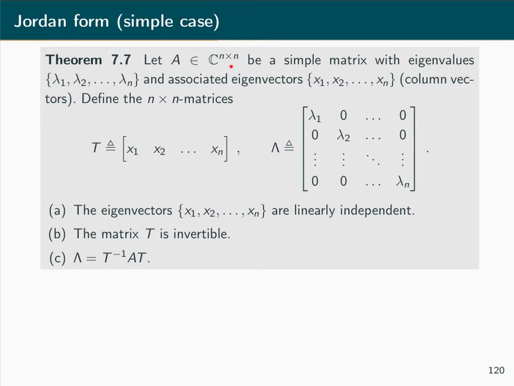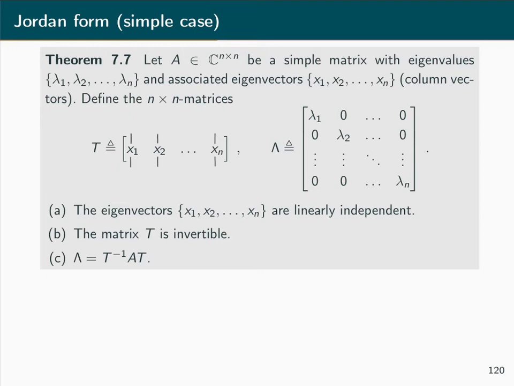Let A in C^(n×n) be a simple matrix with distinct eigenvalues lambda 1 through lambda n, and associated eigenvectors x1 through xn, which are here defined as column vectors. Then we can define the n by n matrices T, which consists of the stacked up eigenvectors x1 through xn, and the diagonal matrix capital Lambda, which has all the eigenvalues of A, lambda 1 through lambda n, on its diagonal.